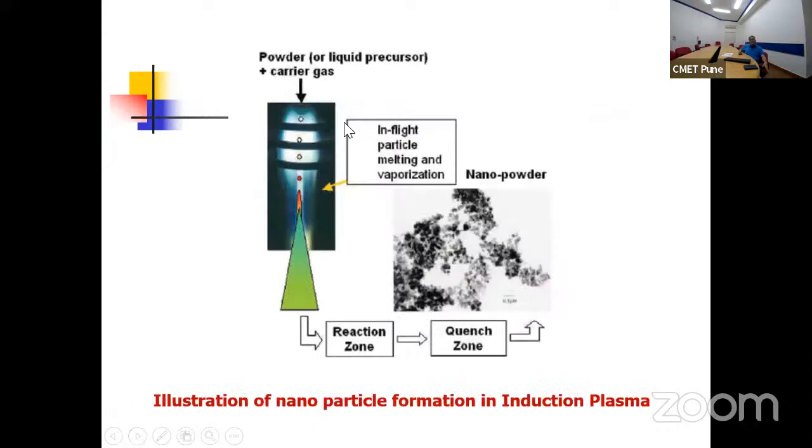And this is nanoparticle formation in the induction plasma. Here, whatever material or precursor you want to synthesize, you flow it through with the carrier gas. In flight, the particle melts, then comes into the reaction zone, and then you quench it.